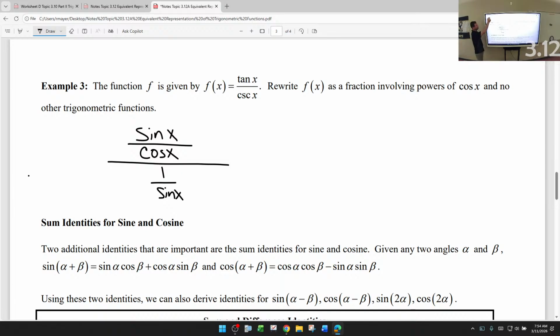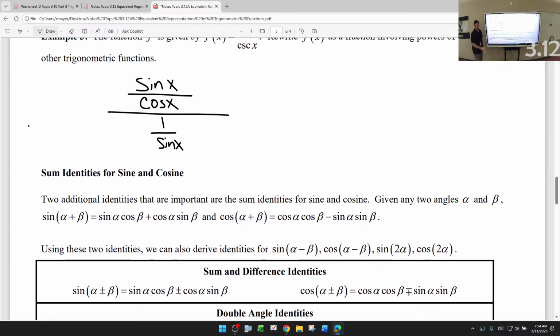Hopefully you guys have seen fractions over fractions enough. You should be really comfortable with that by now, and I don't know how much of that you've had up until this class. But anytime you have a fraction over a fraction, that's like a fraction divided by a fraction. And when you divide a fraction by a fraction, you take the first fraction and multiply it by the reciprocal of the second. Fraction divided by a fraction is a fraction times a reciprocal. You always flip it.